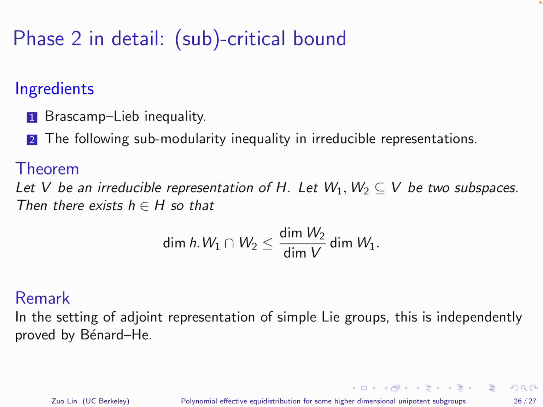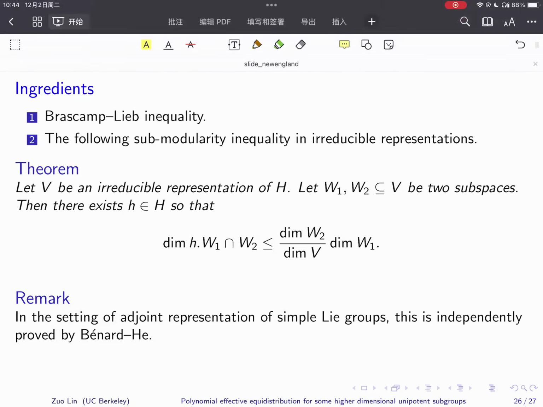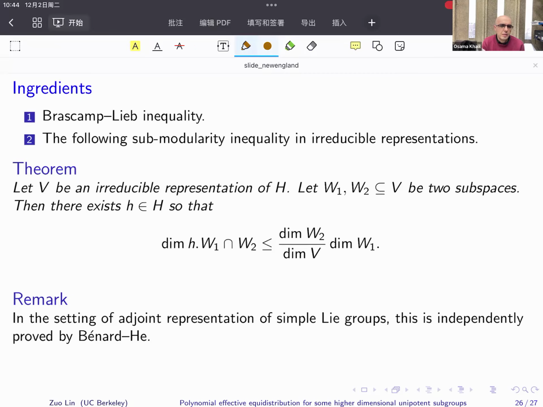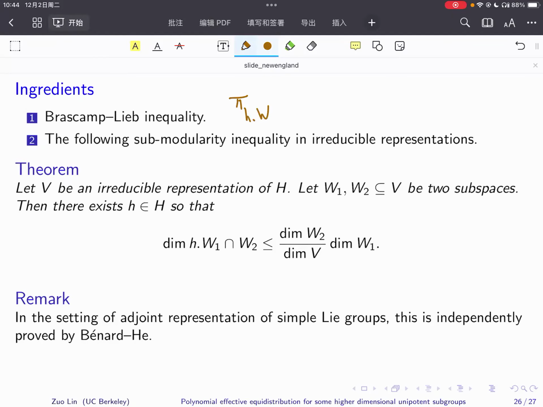So basically, what you want is something like this: W1 over dimension of V. Sorry, I should put this in the exponent since I'm using covering numbers now. So this is the no-loss thing that we want.